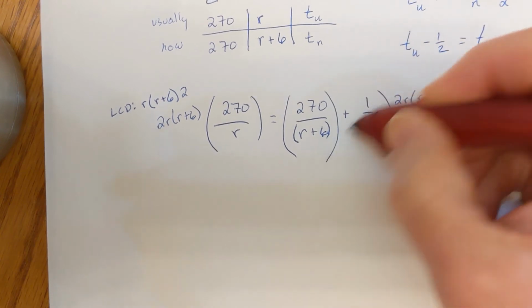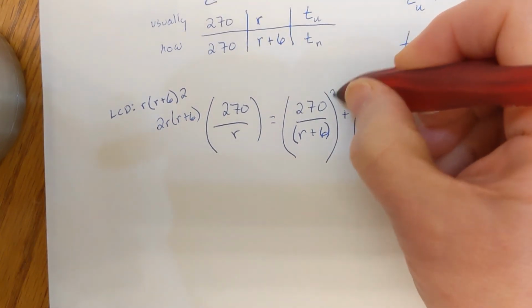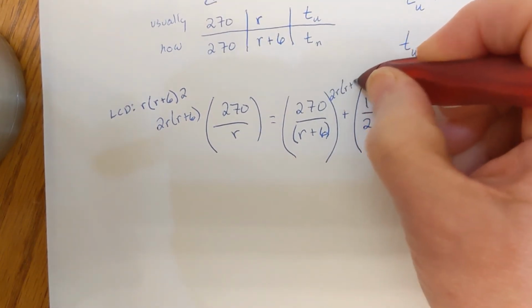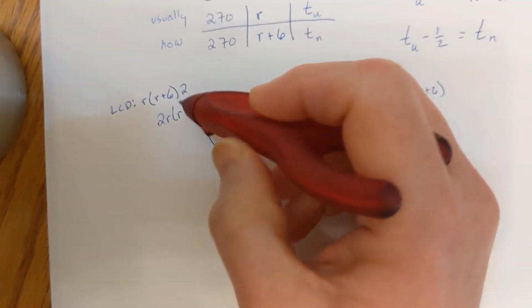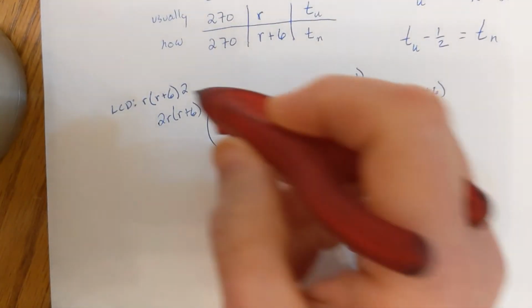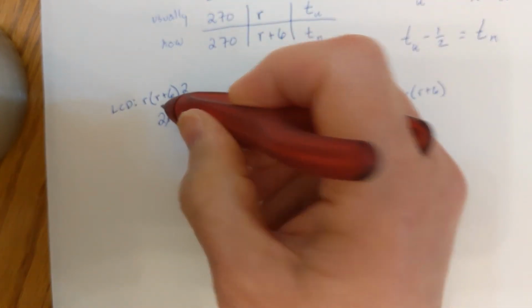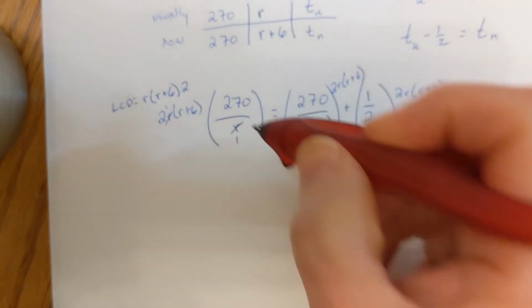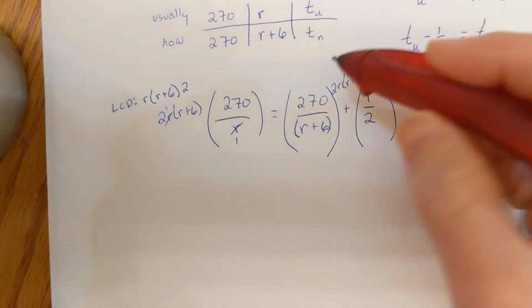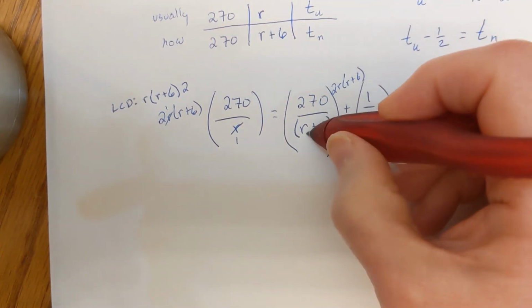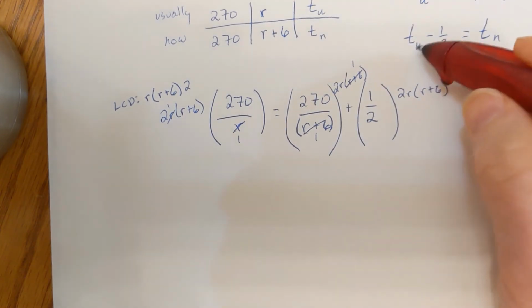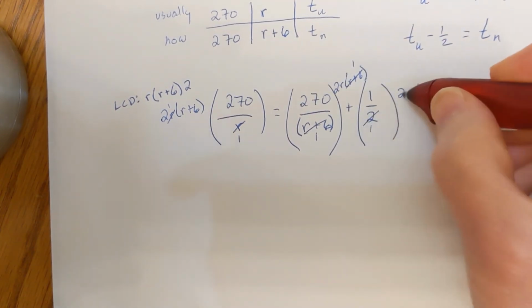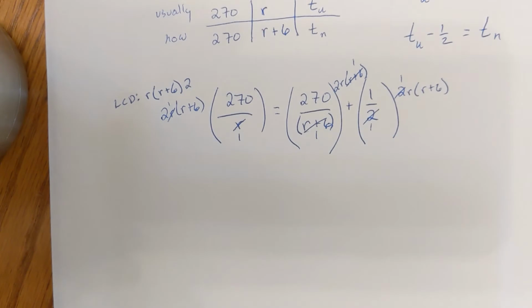I'm going to distribute that by each term, 2R times R plus 6. I'm going to divide out common factors as I go. So I can divide out that R with that R. I can divide out here R plus 6 with this R plus 6. And here I can divide out the 2 with the 2.